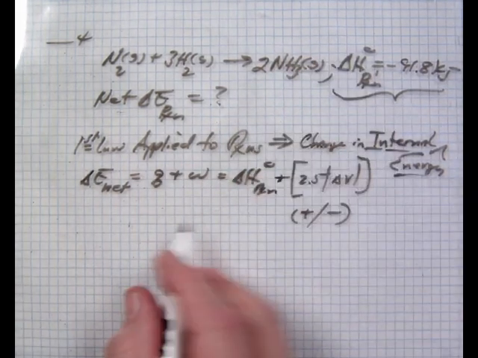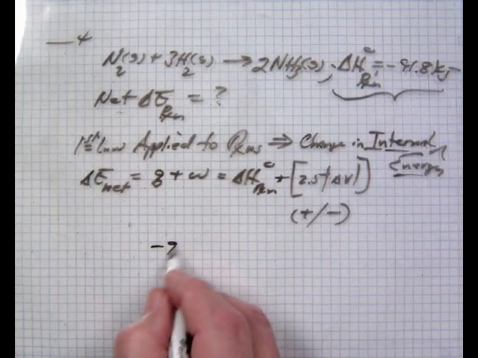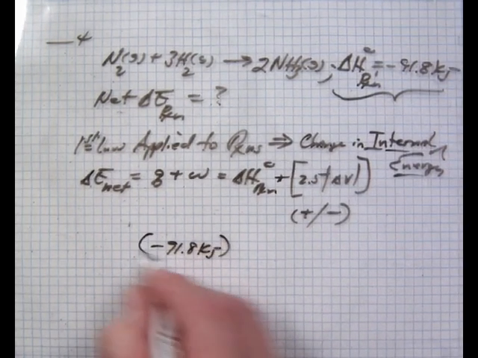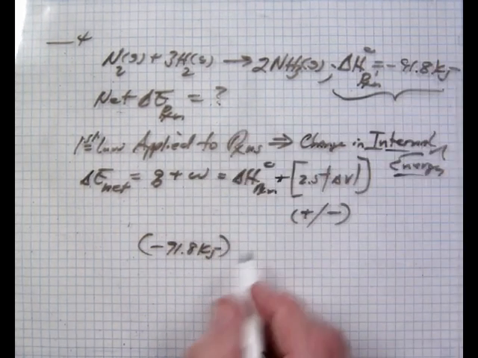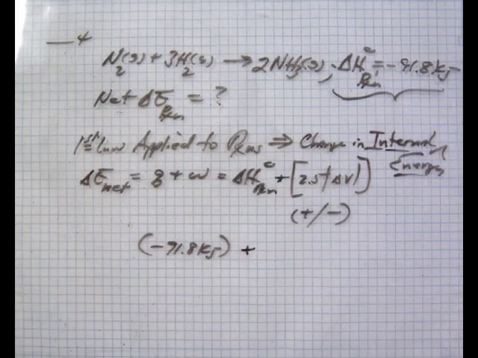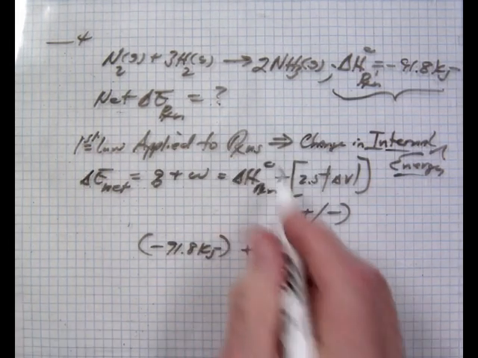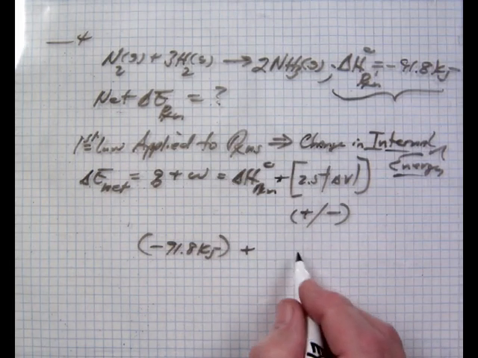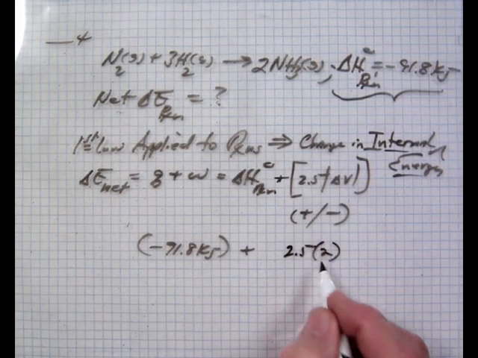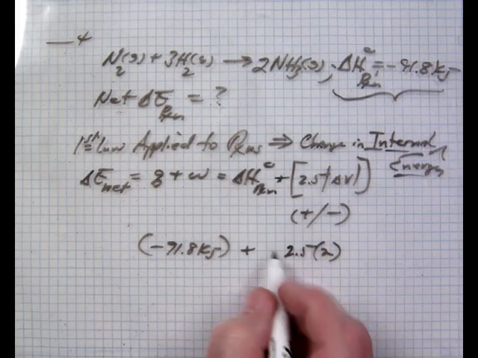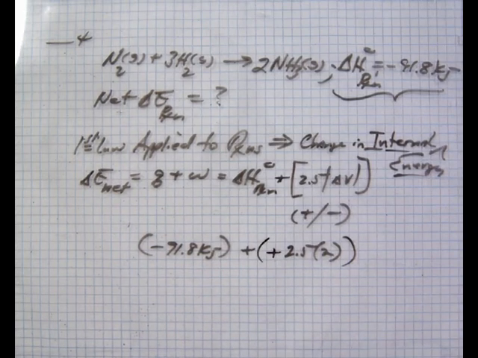In this particular case, the minus 91.8 kilojoules is your delta H right there. But it is a compression by 2 molar volumes. So we want to add 2 molar volumes in here. That's 2.5 times 2. But as a compression, it is endothermic, and so we have to put a plus sign on that right there.